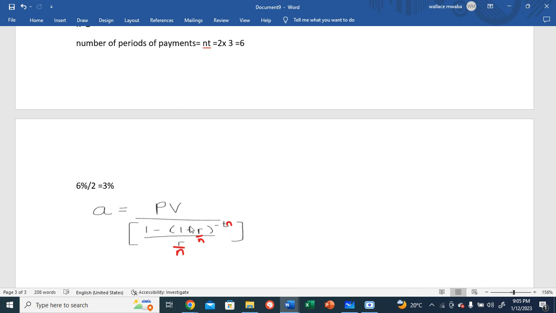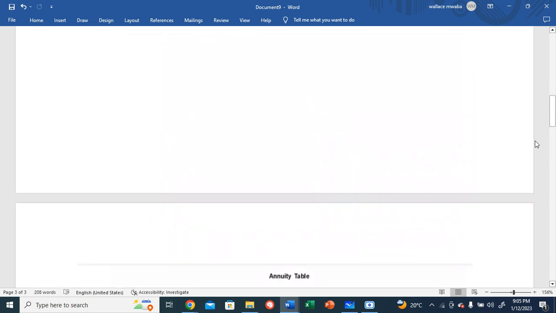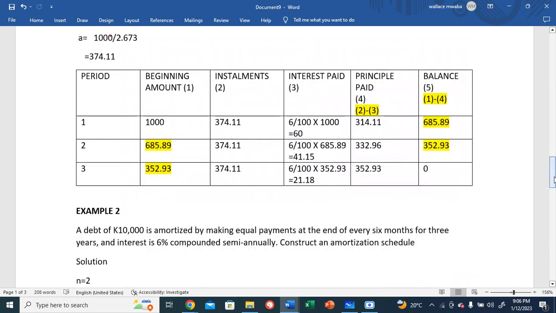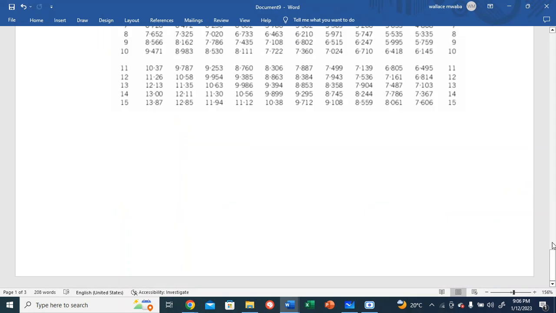So now we can go to our annuity tables. All right. The rate is 3%. Number of periods is 6. Okay, so let me just get the annuity table.